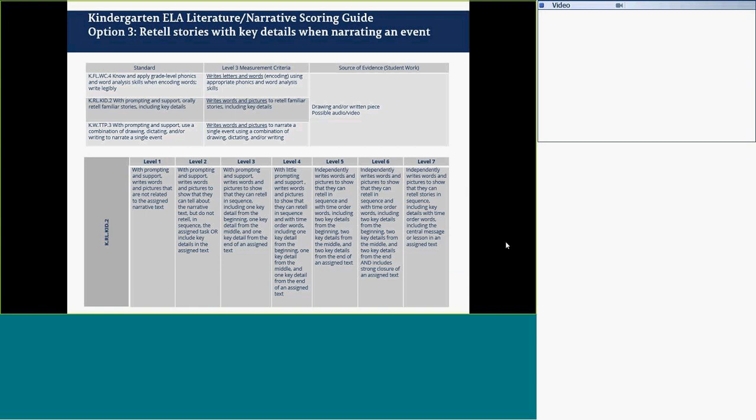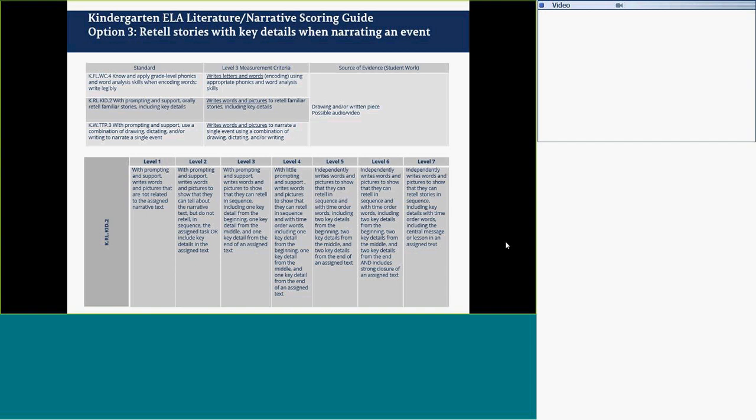So what you see here, as far as the scoring guide sample, they're all organized this way, where the box at the top basically provides the three standards within the combination. The level 3 measurement criteria is actually the on-grade level criteria. So level 3 is always what it would look like at grade level.